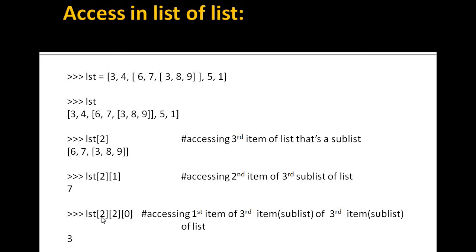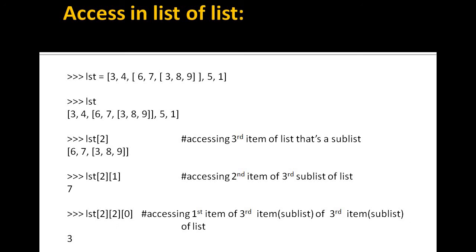So with each square bracket you first write 2 to access the third item of the list, then 2 in another square bracket which accesses the third item of that sublist, and then 0 which accesses the first item of that sublist, that is the first item of the 389 sublist, that is 3.